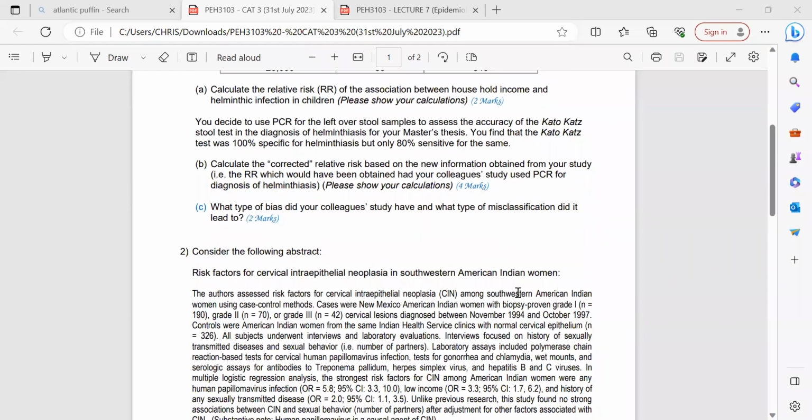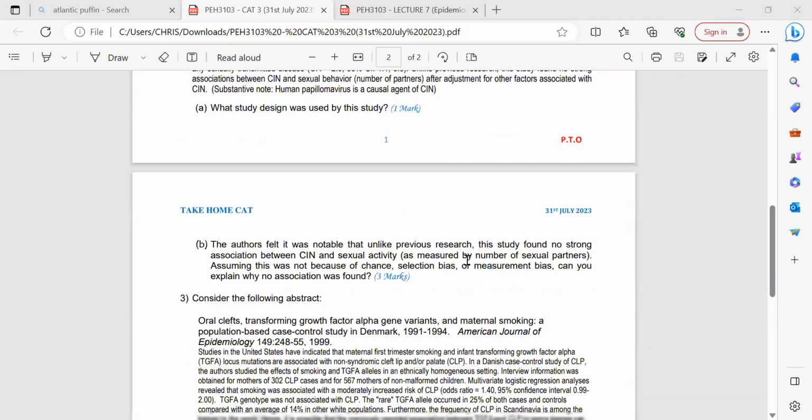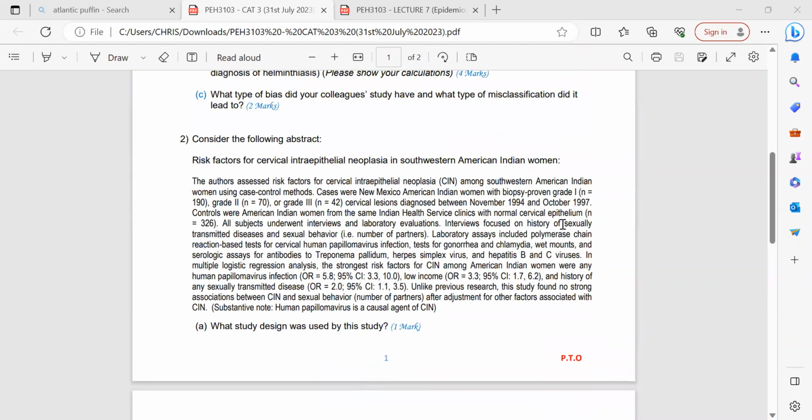As we wait for Esther to type that, we can be proceeding to question number 2, to see if we can do a little bit of it. So let me take you through question number 2. Consider the following abstract on risk factors for cervical neoplasia. Let me see what Esther typed.